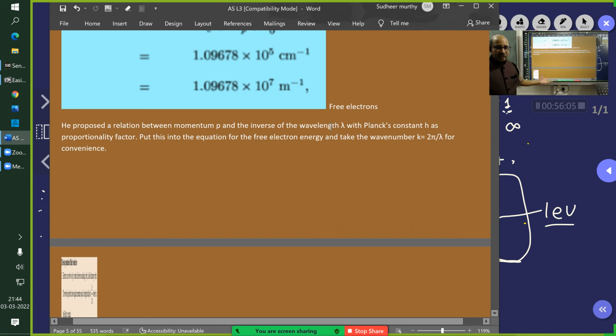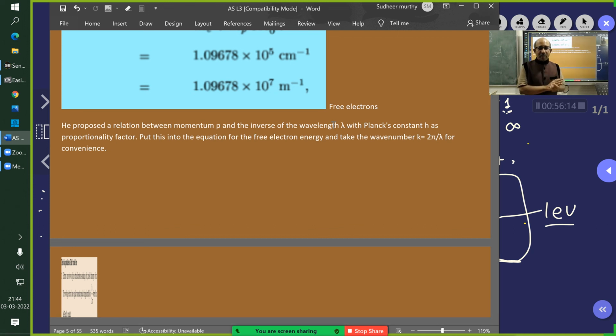When you go further, you will see de Broglie will come into the picture, because de Broglie solved one problem. One set of experiments could be proved by taking electron as a wave, and another set of problems in physics could be addressed by considering electron as a particle. Did you get it?